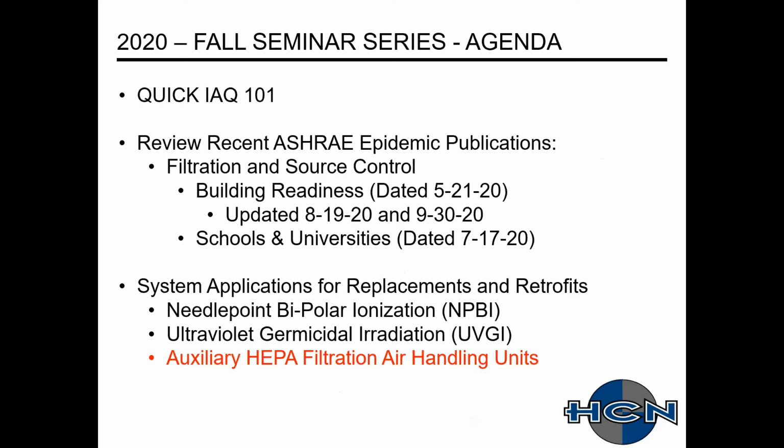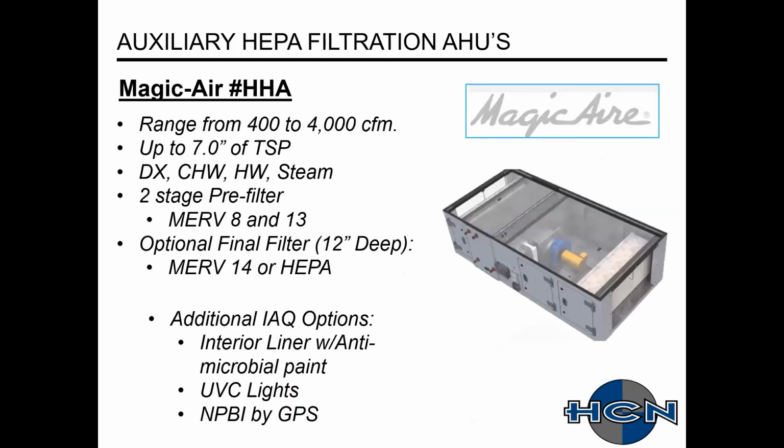So we've talked about the epidemic task force publications. Also in the recommendations, they talk about auxiliary HEPA filtration units. Just HC9 represents Magic Air. Magic Air has a horizontal indoor air handling unit that goes from 400 to 4,000 CFM and can achieve very high total static pressures.